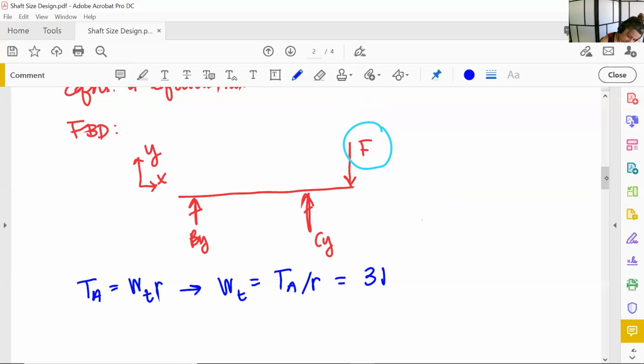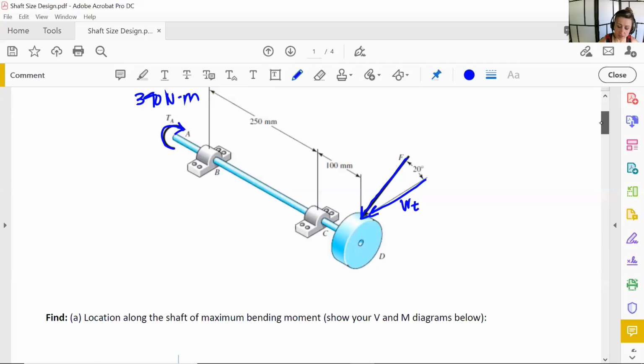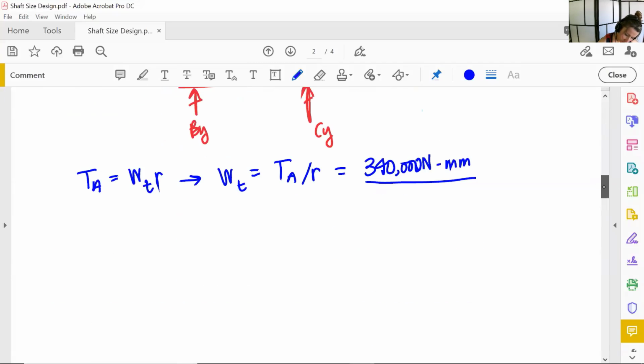So we have 340. I'm going to put this in Newton millimeters, divided by the radius of the gear at D, so 75 millimeters. So we get WT equals 4,533 newtons.